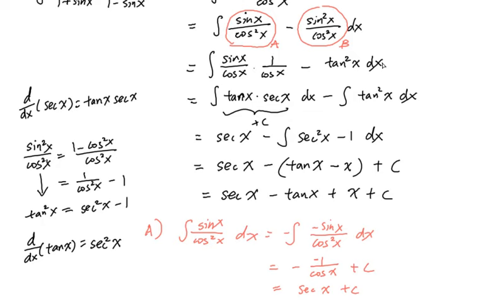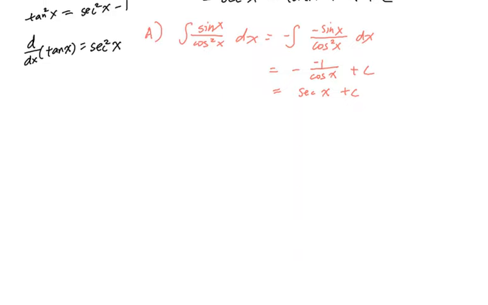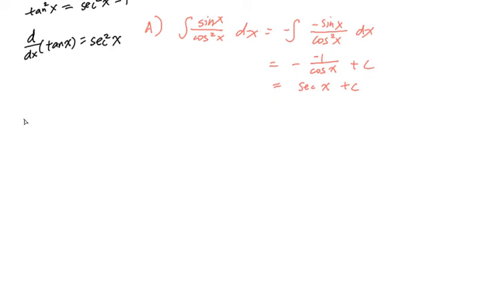And now let's look at B, which is sine square x over cosine square x. This is kind of the bonus, I guess.